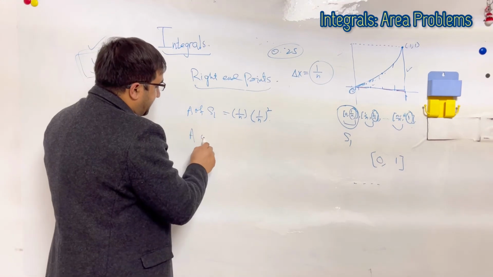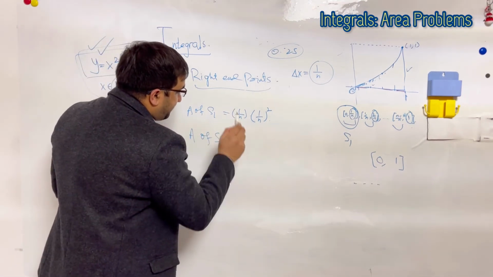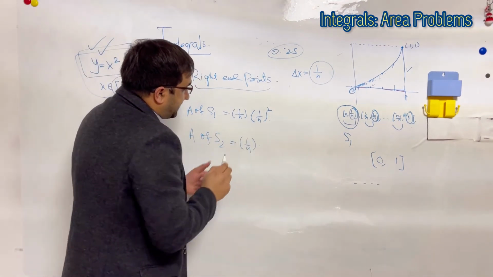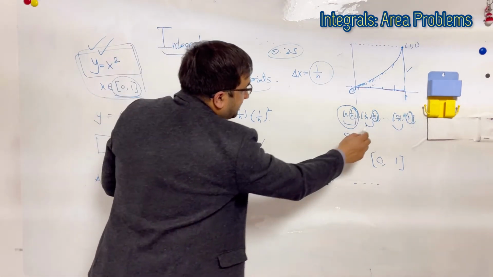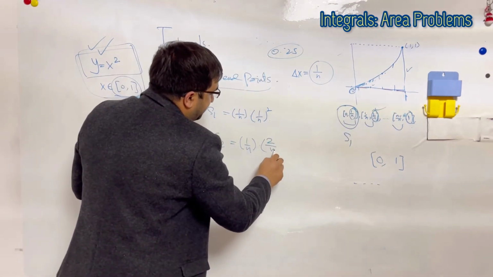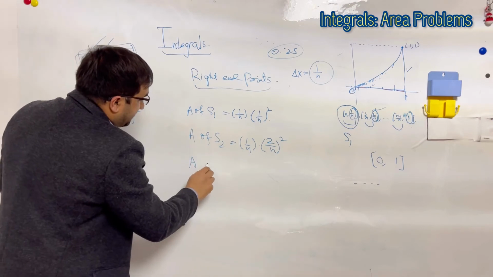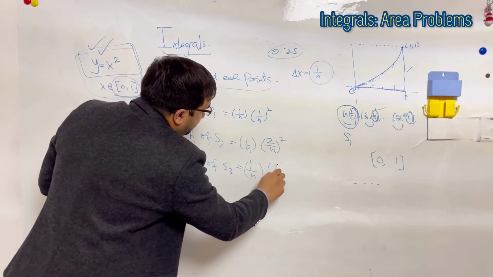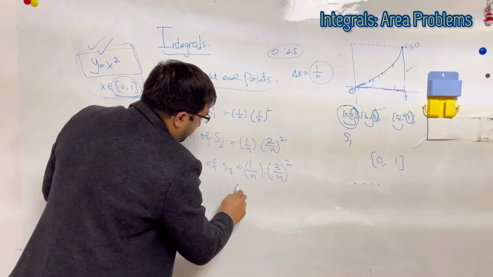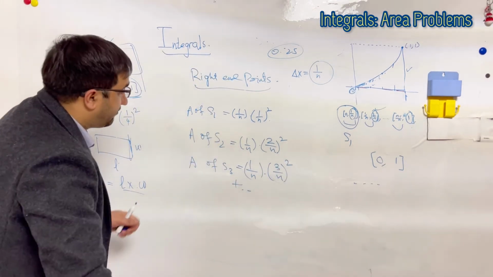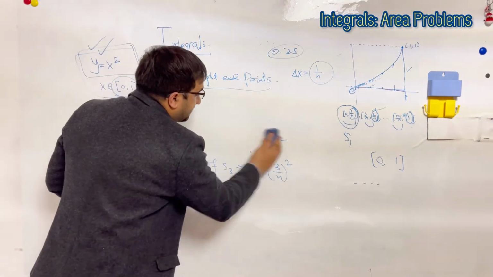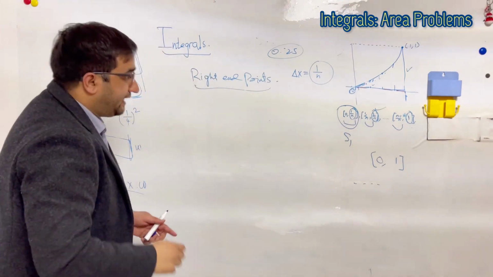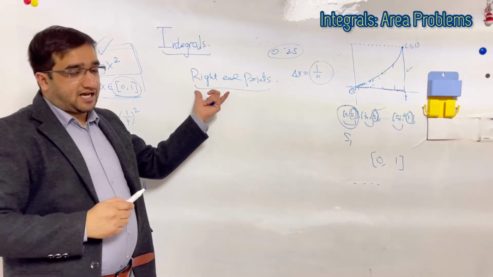Right. Similarly, area of the S2 will be, this is fixed, 1 by n. But this will be 2 by n square. Similarly, area of S3, 1 by n, 3 by n is square. And so on. Now, what will be the total? When it was 4, I said it is R4.